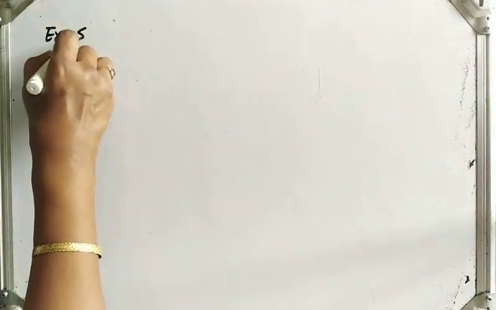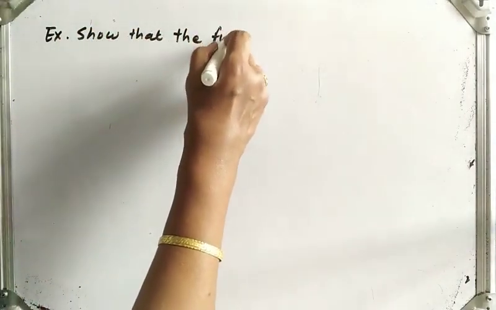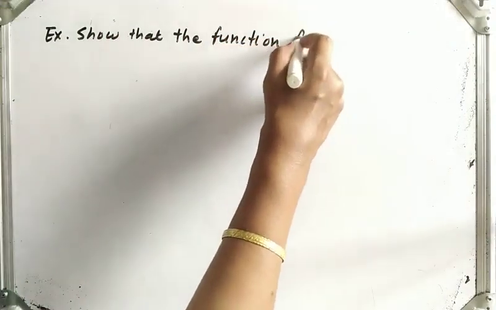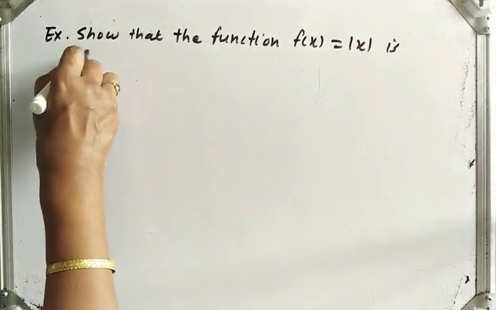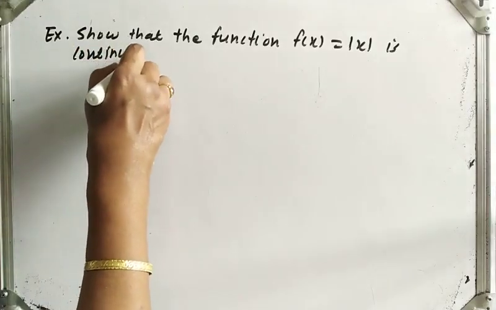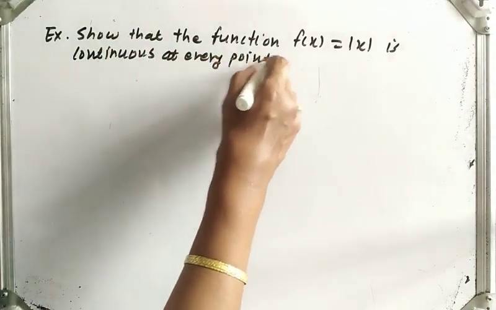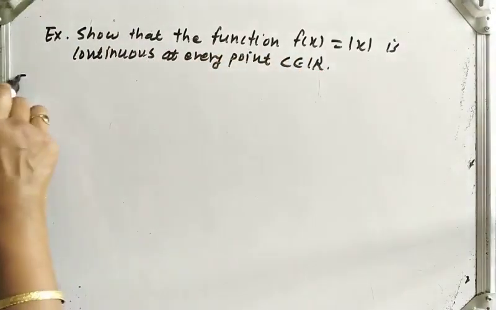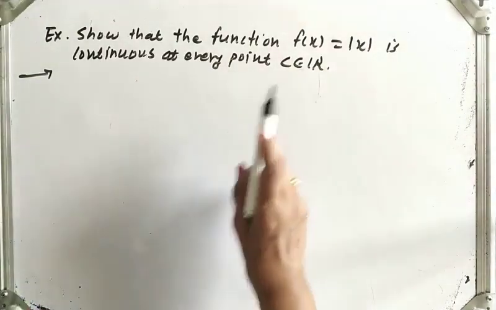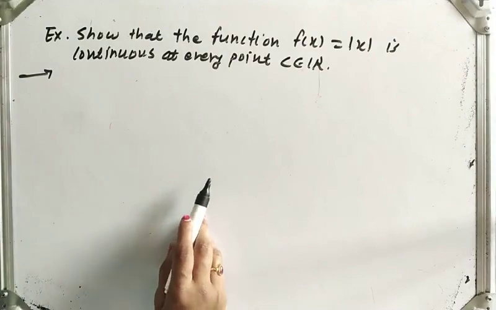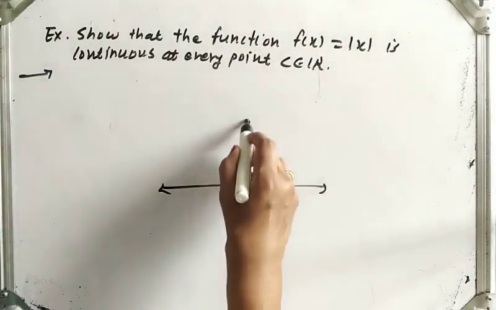Show that the function f of x is equal to mod x is continuous at every point c belongs to R. We have to show this function is continuous at every point. Okay, so by graph you can check how is the graph of f of x is equal to mod x.